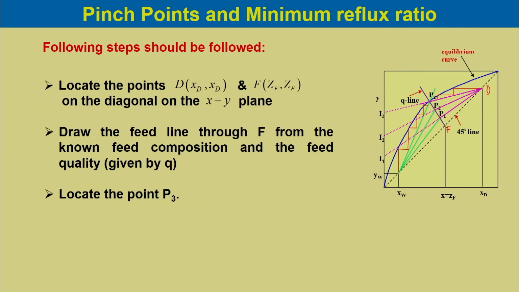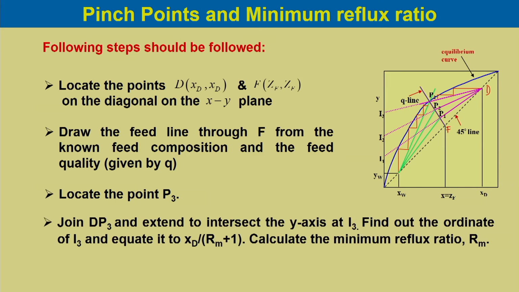Then, once we have the equilibrium diagram and the feed line drawn, we can locate the intersection point, that is P3, between the equilibrium curve and the q line. Join dP3 and extend to intersect the y axis at I3, which is over here.